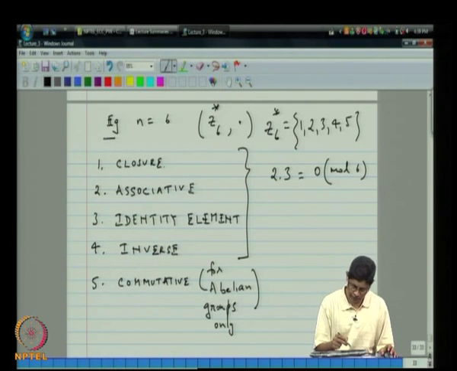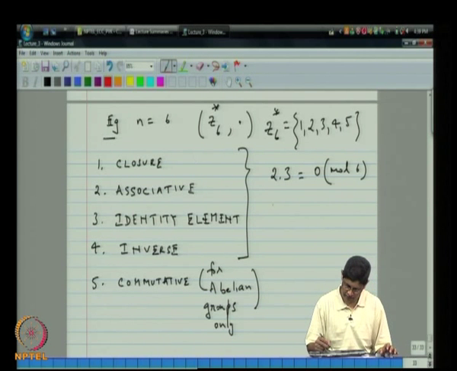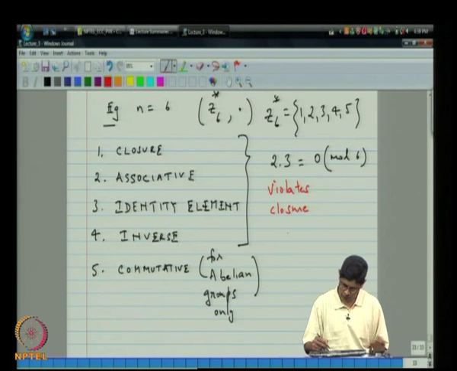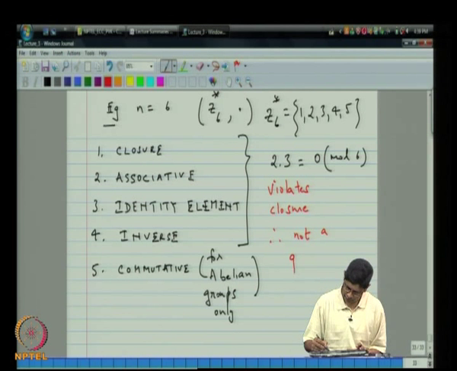So, the closure requirement is violated. This violates closure. So, the conclusion is that this is not a group.